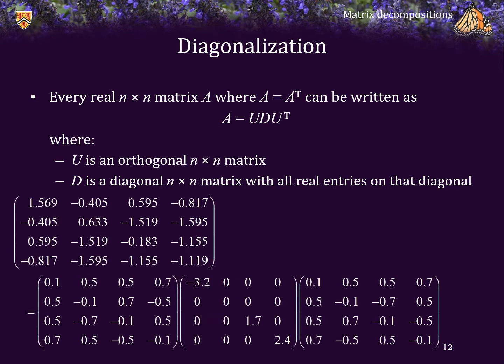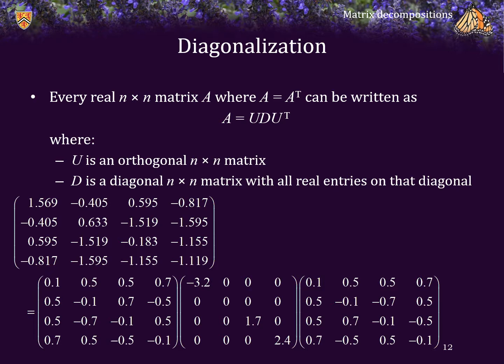So for example, here we have a 4 by 4 matrix where each entry above the diagonal equals its corresponding entry below the diagonal, so A equals its transpose, and you will see that this matrix is indeed equal to the matrix U on the left, where you will notice that each column has 2 norm 1, and all 4 columns are mutually orthogonal to each other.